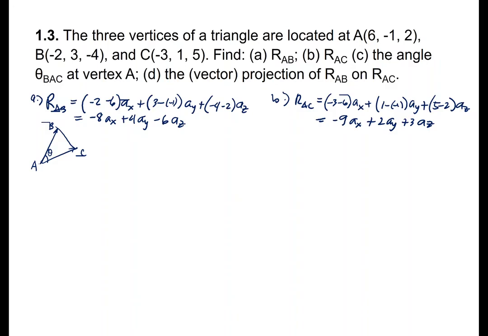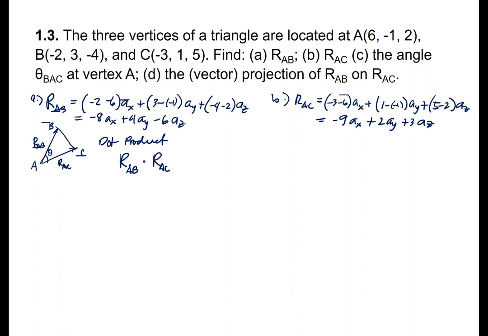Now if you want to get the angle, we need to use the dot product. The vectors are RAB and RAC, so the dot product is between RAB and RAC.